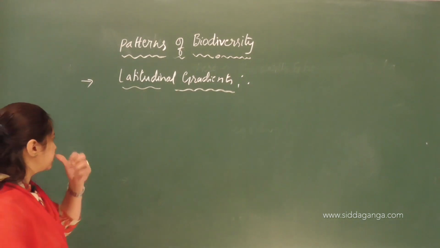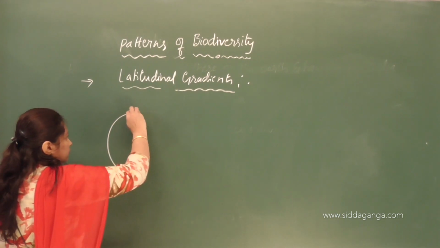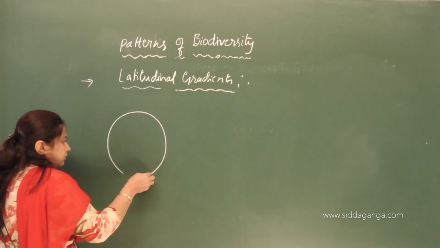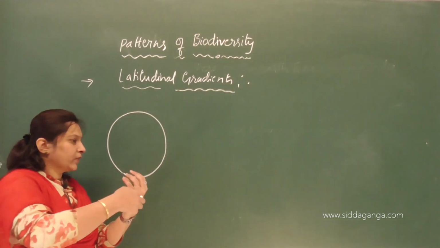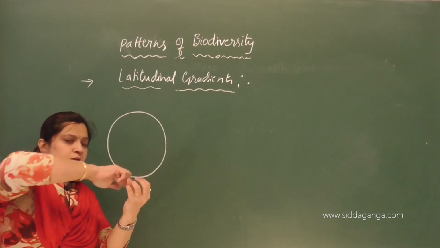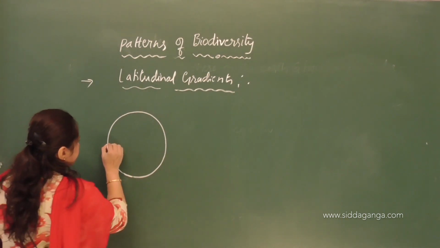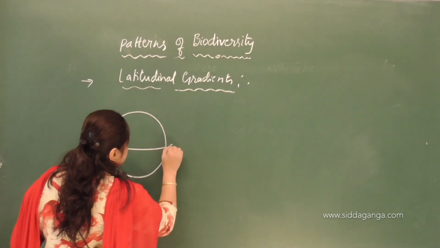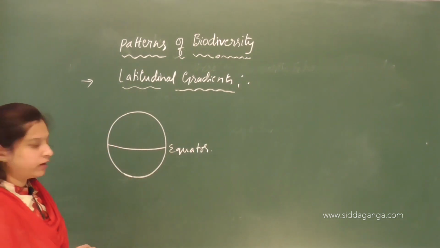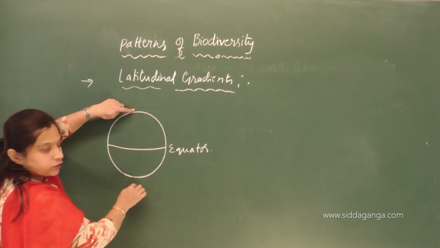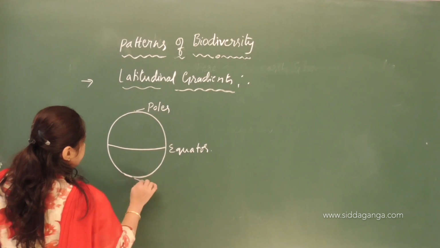So latitude means, here if it is the earth, the central line, the center ring that is present, is considered the equator. And these extreme tips are called poles, north pole or south pole.